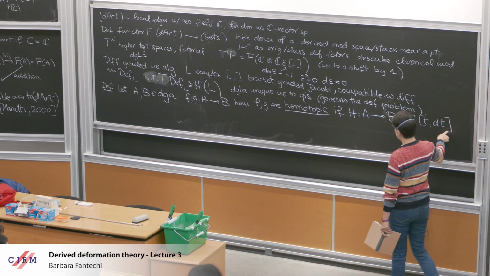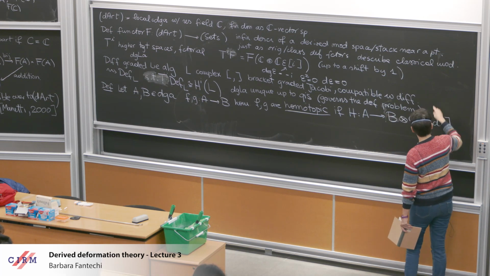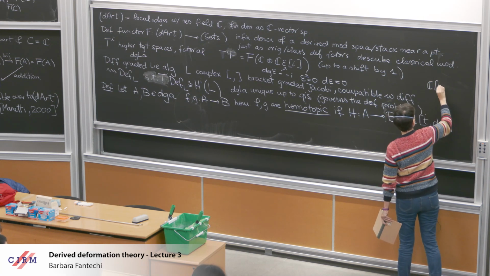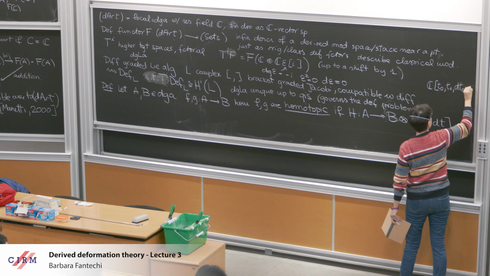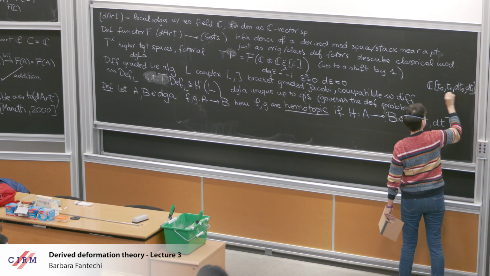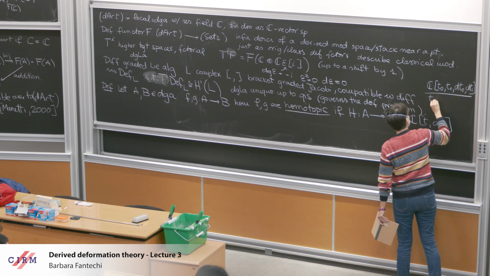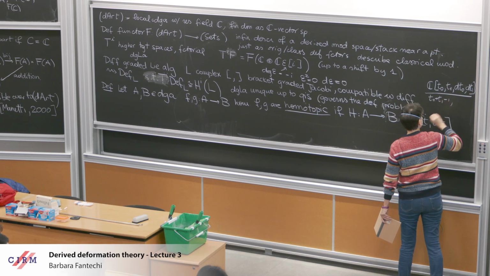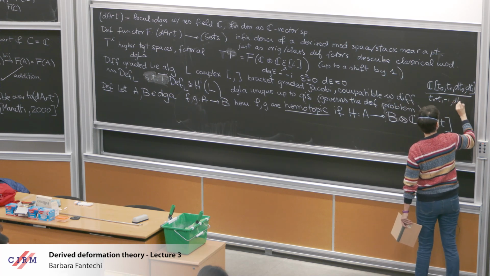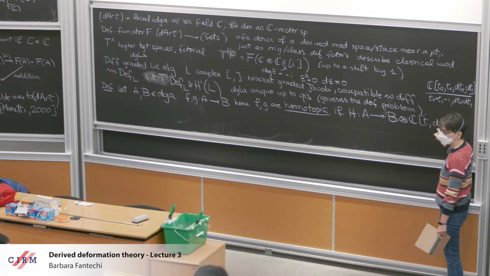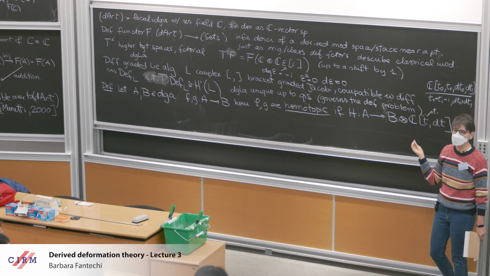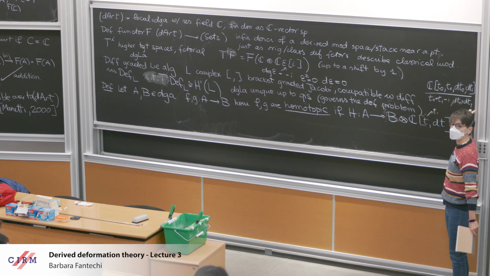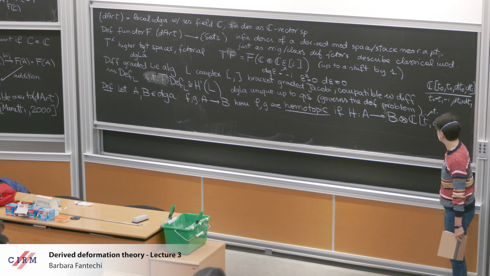So what do I mean by this? Remember, this used to be C of t0, t1, dt0, dt1 modulo t0 plus t1 minus 1, dt0 plus dt1. And now I've just shortened by declaring that t is t1 and that t0 can be recovered by the equations.